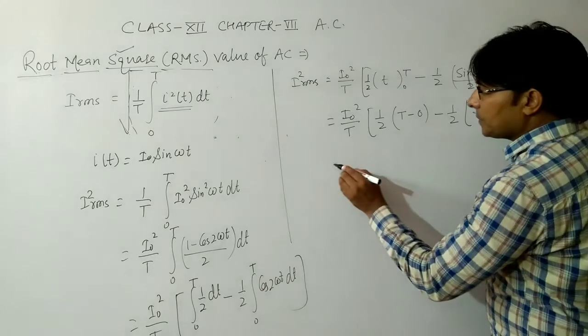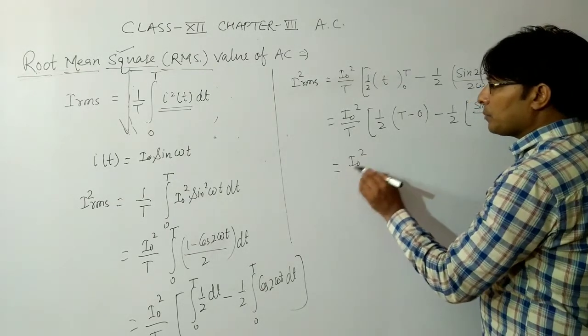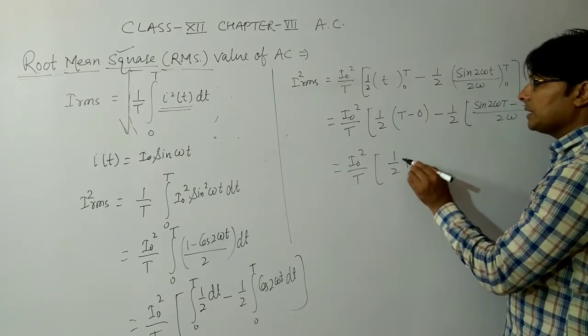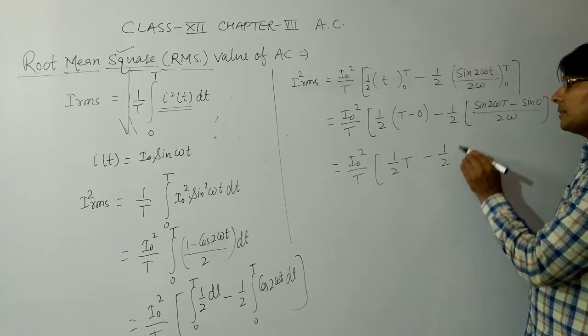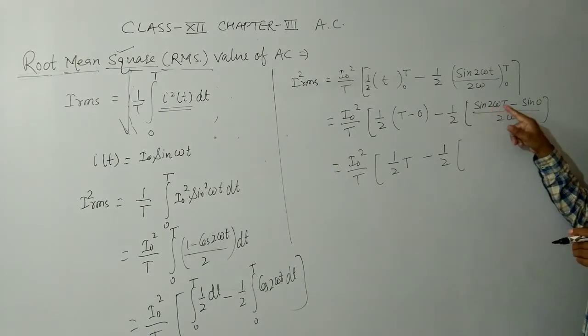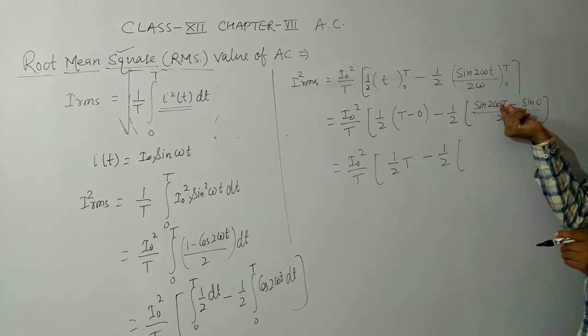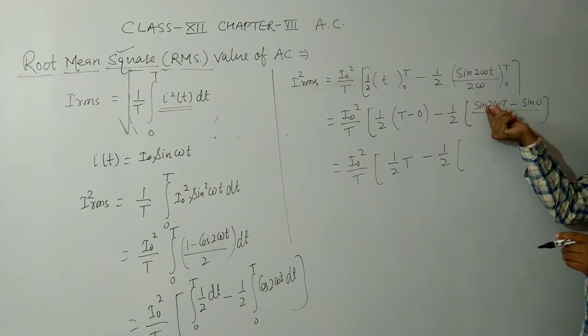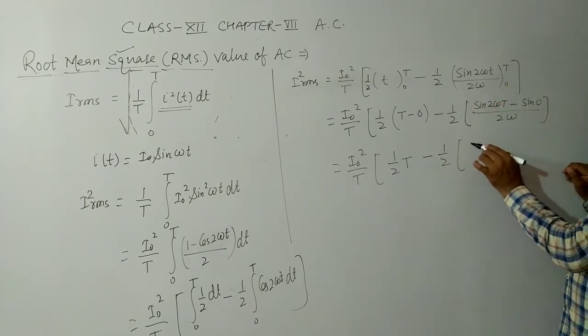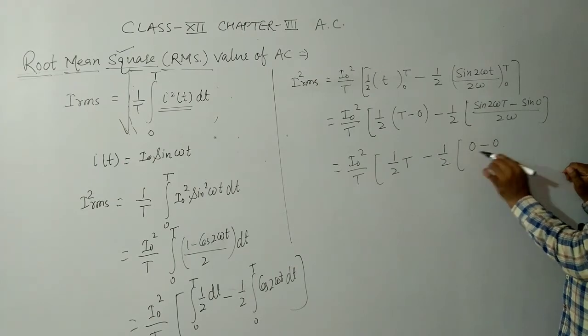Okay, now it is I naught square upon T, and this is nothing but half T minus half, and you know that sine 2 omega T is nothing but sine 4 pi, because omega T is 2 pi, 2 pi into 2, that is 4 pi. Sine 4 pi minus sine 0. So sine 4 pi is 0, sine 0 is also 0.